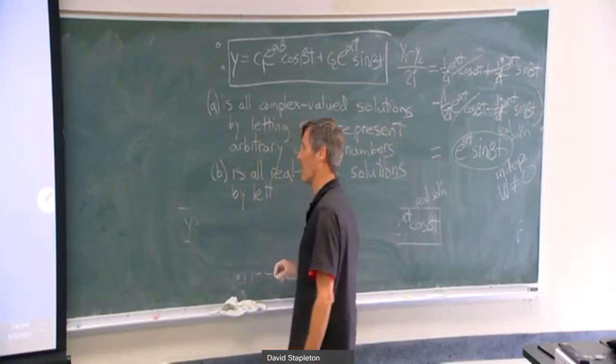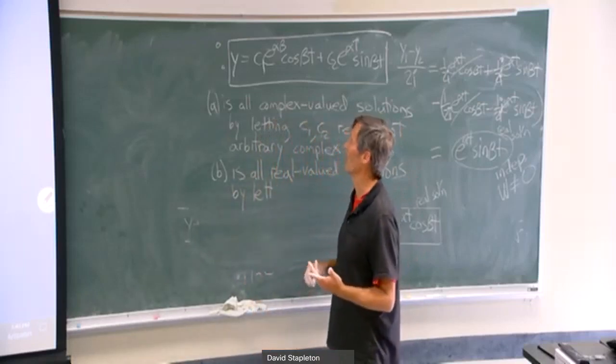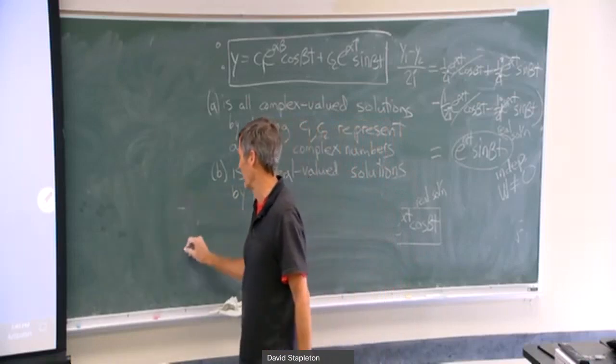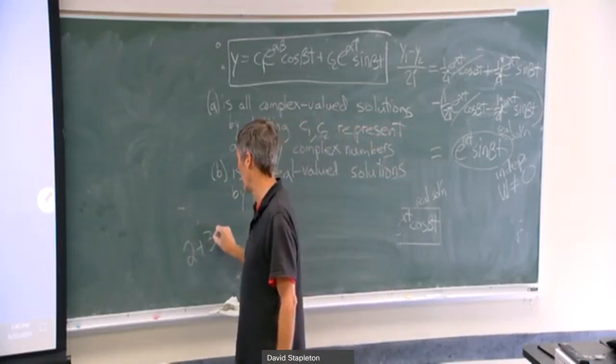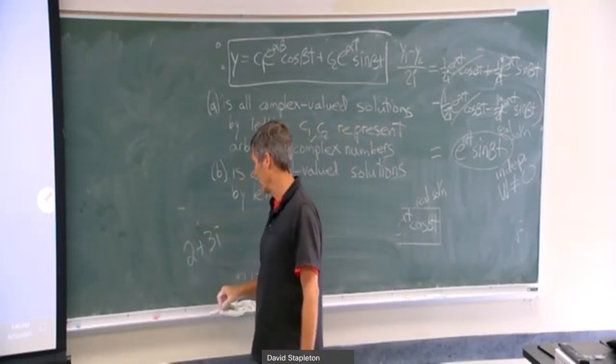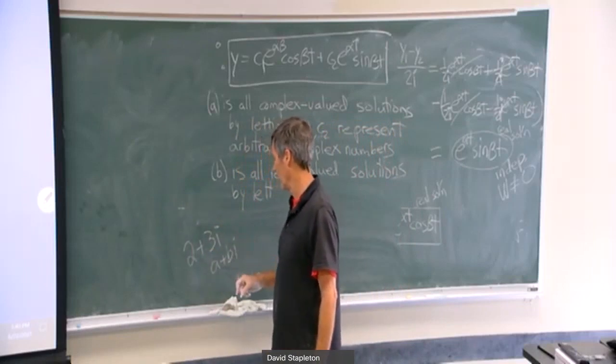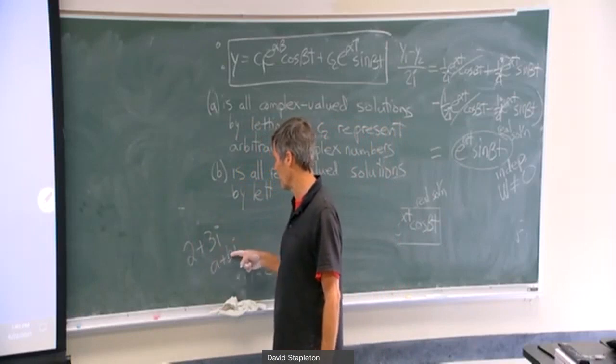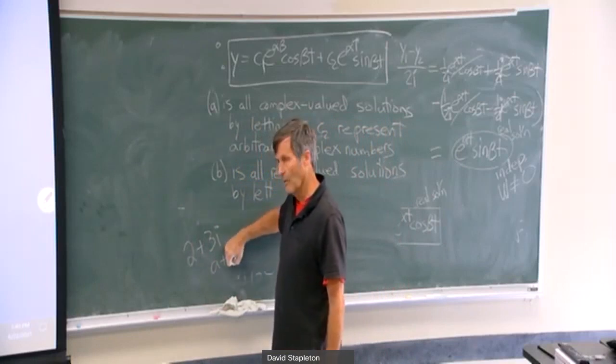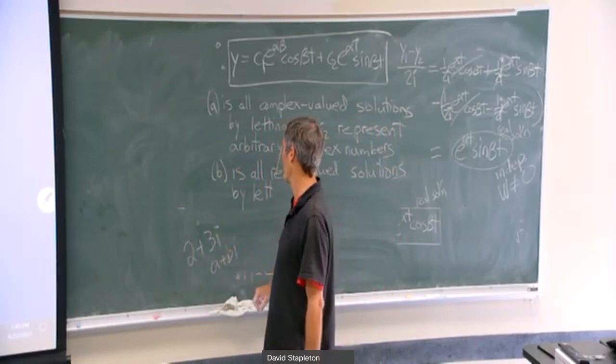And if you really think about it, remember the real numbers are a subset of the complex numbers, right? If I write a complex number 2 plus 3i or whatever, and in general, a plus bi, the real numbers are the set of all complex numbers where b is 0. So the real numbers are a subset of the complex numbers.